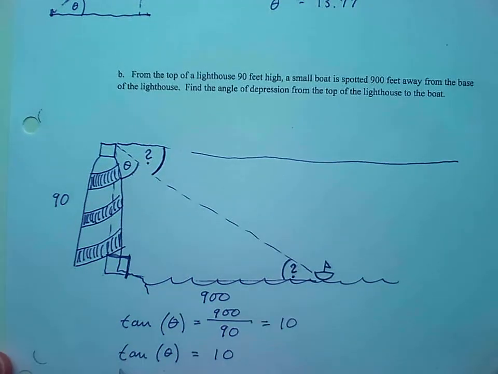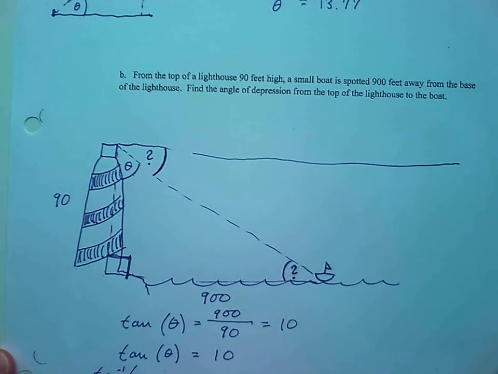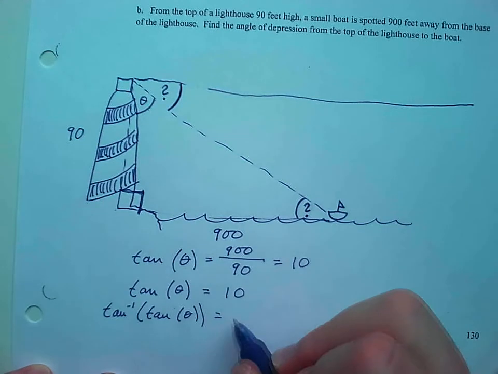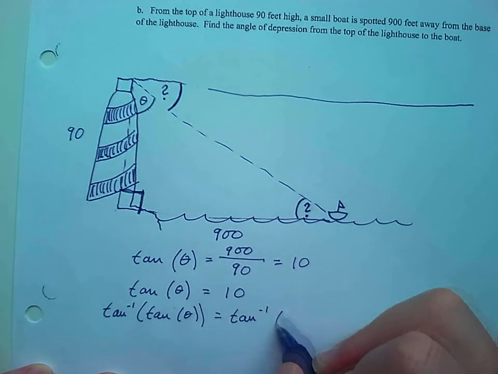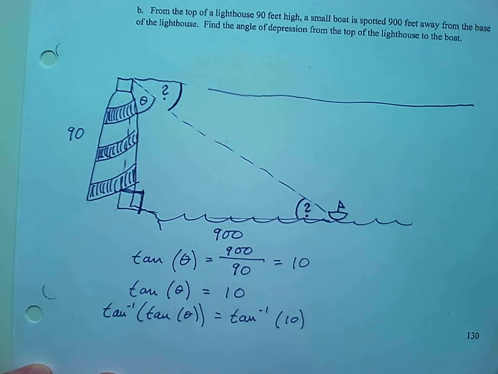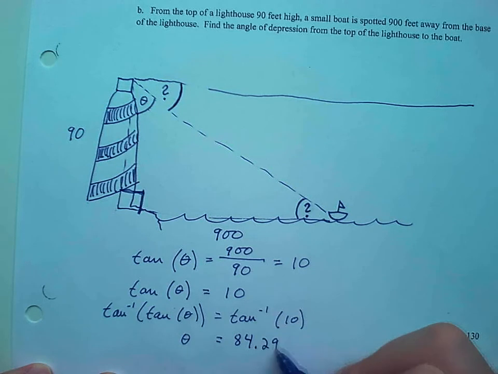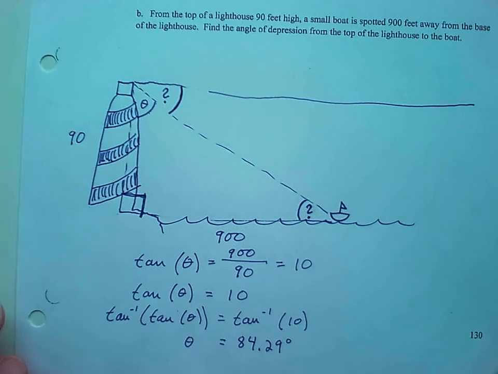If I'm solving for theta, I can take the inverse tangent, or the arctangent, of this. And if I take the arctangent of one side, I have to take the arctangent of both sides. Here now I'm left with just theta. And over here I can use the calculator to figure out that this is approximately equal to 84.29 degrees.